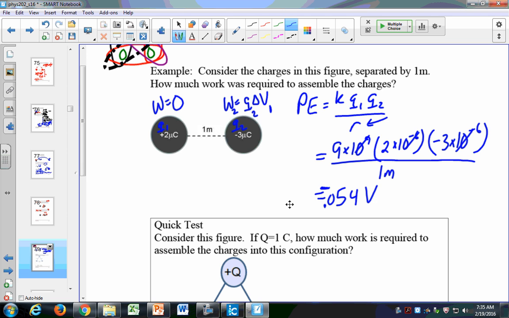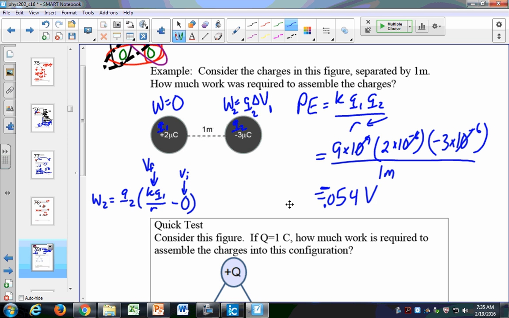And the way that works out is that work 2 is going to be Q2 times K Q1 over R minus 0. This is my V initial. This is my V final. Because I'm moving it from my reference point way over there at R equal to infinity to this position where I'm at distance R from this charge.